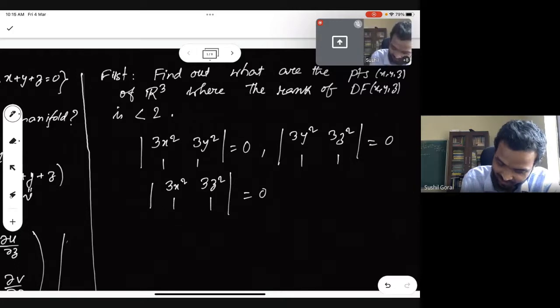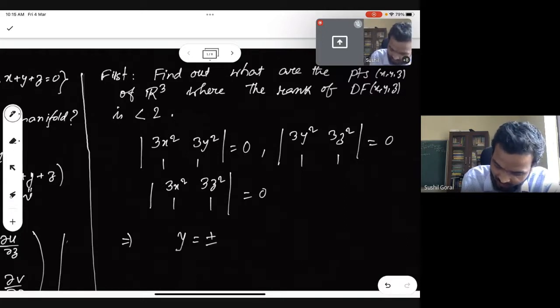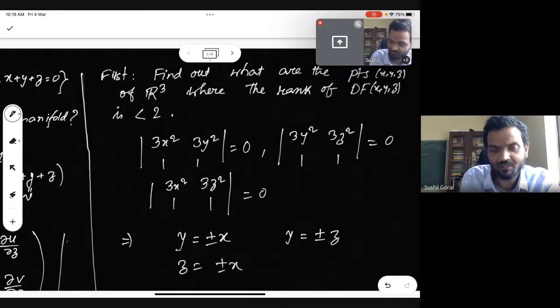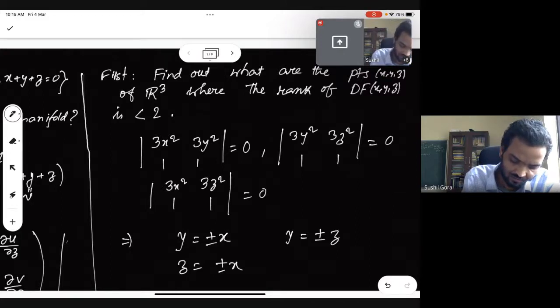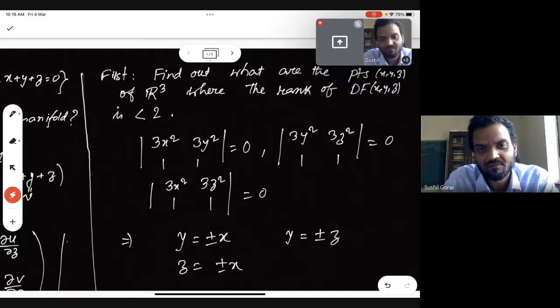So you get y equal to plus or minus x from the first, y equal to plus or minus z from the second, and z equal to plus or minus x from the last. Two of these are good enough, one equation is redundant.